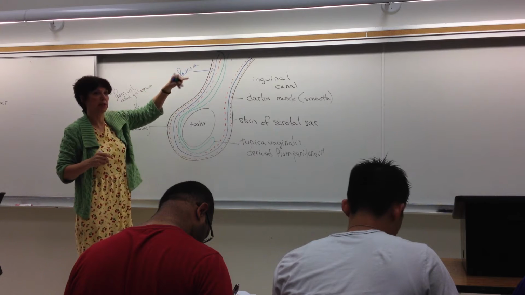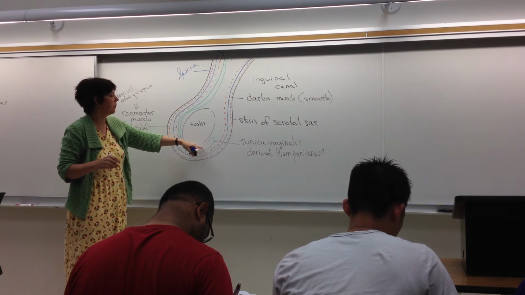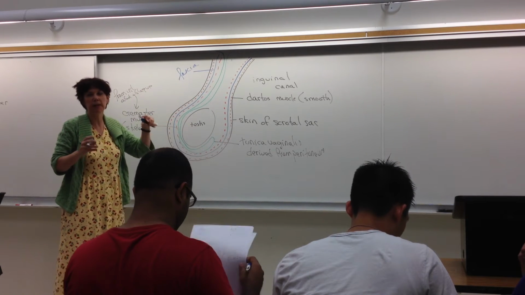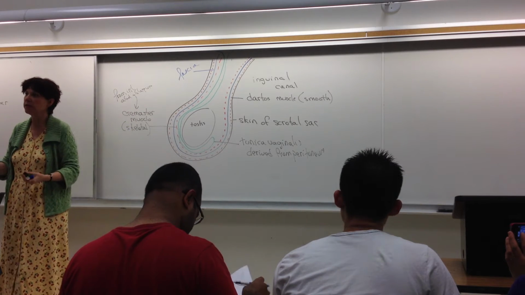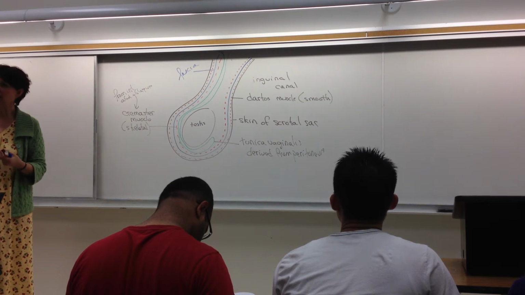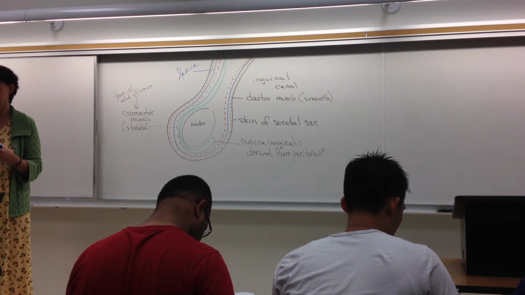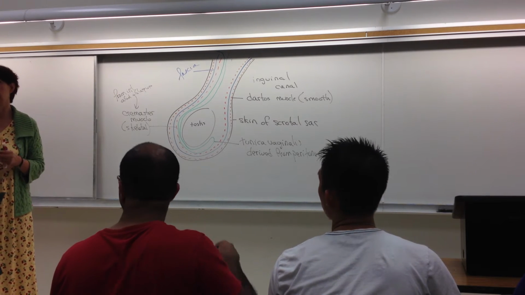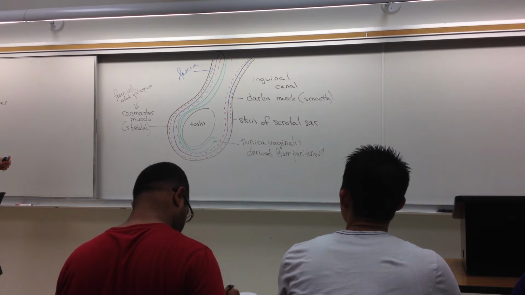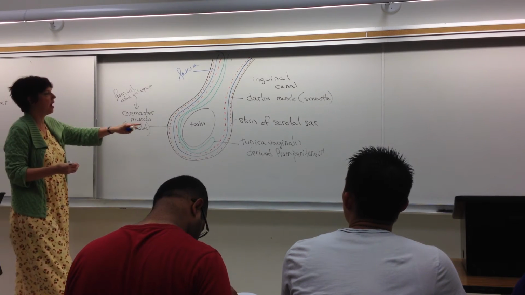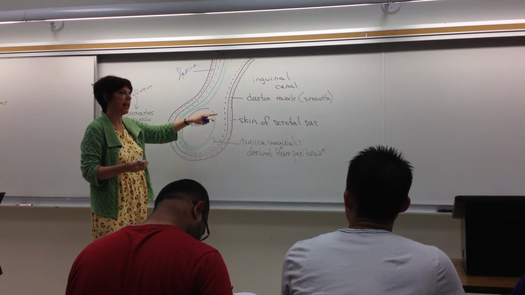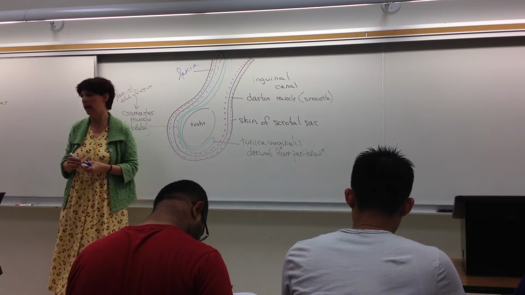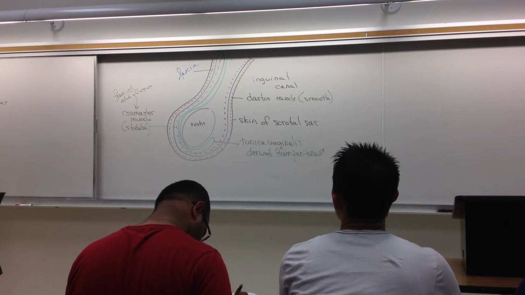So it's open only to the abdominal cavity, but sometimes it will fill with fluid and cause one of the testes to become enlarged, and it's known as a water sac or hydrocele. You've heard of that. They just withdraw the extra fluid via syringe. Sometimes they need surgery to close the cyst-like structure. So this does not go completely around the testes like the other layers do. It's just found on the front of it.